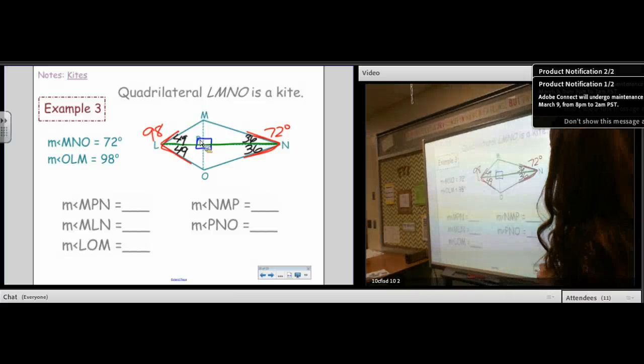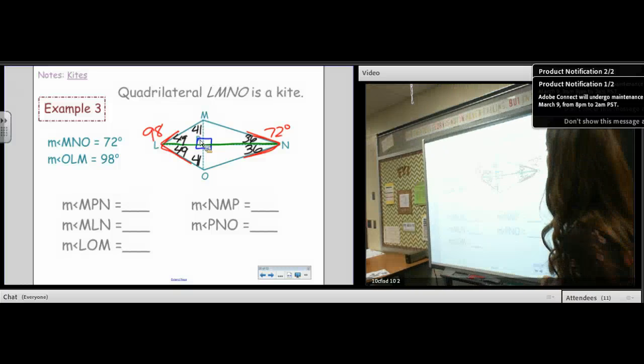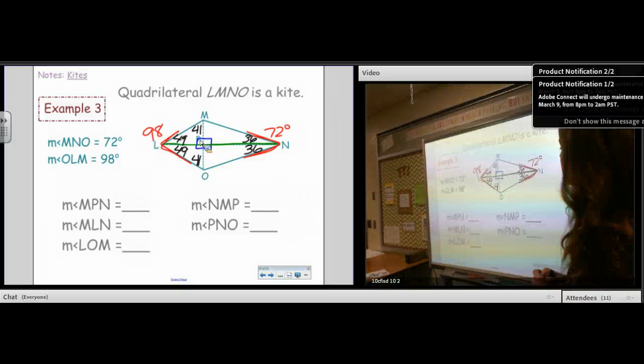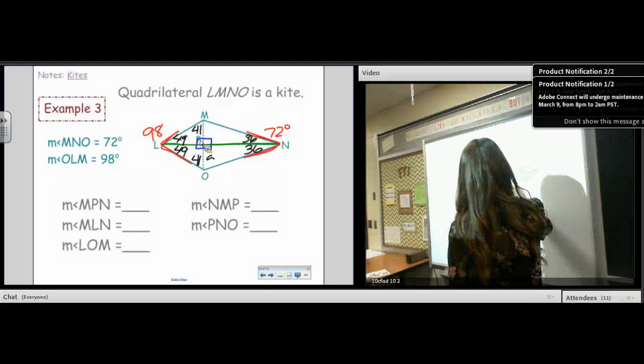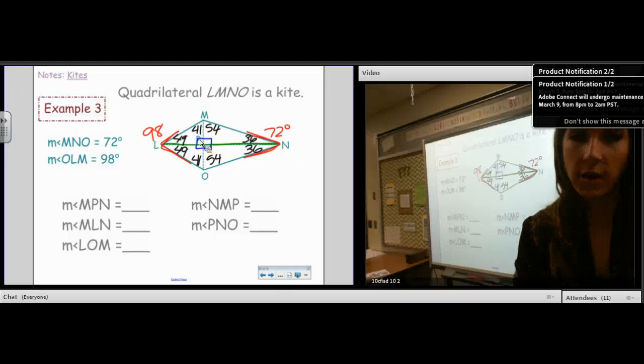So 90 minus 49, the complement of 49, 41, 41. And the complement of 36, 54, 54. And now we know all of our angles of a kite.